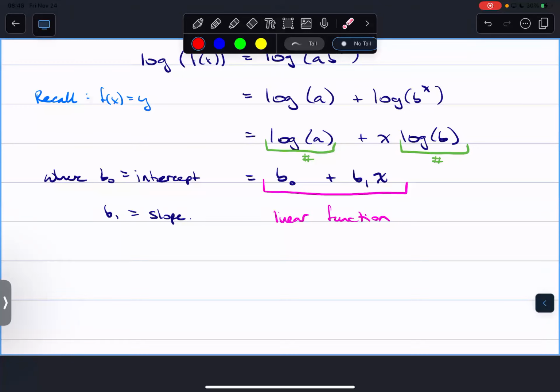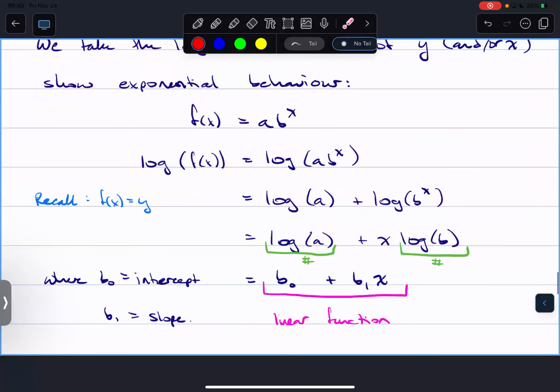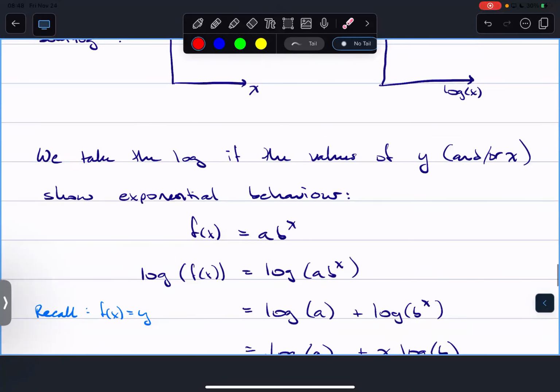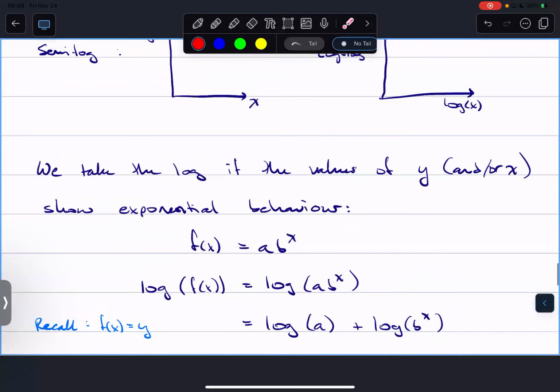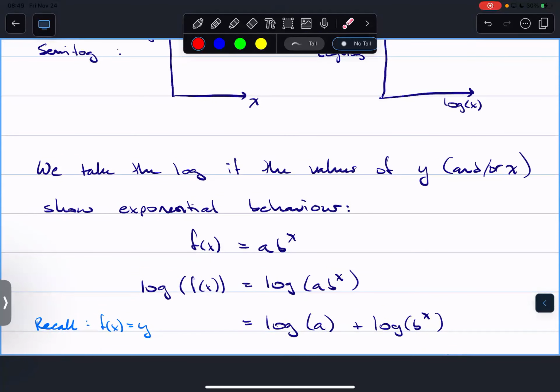Any questions? Yes. Is it this one? Yeah, we take the log if the values of y and or x. And or x.